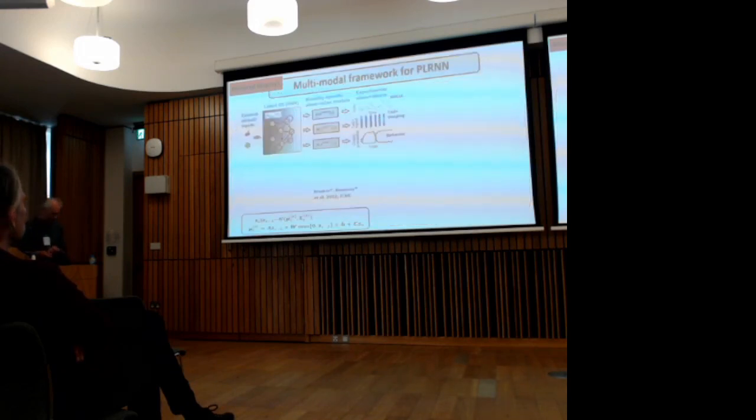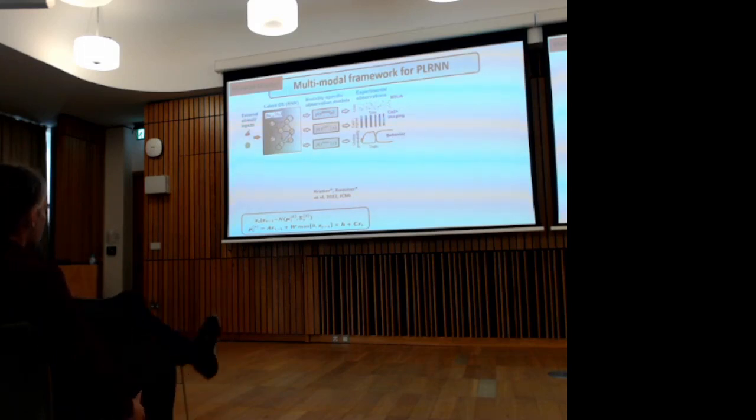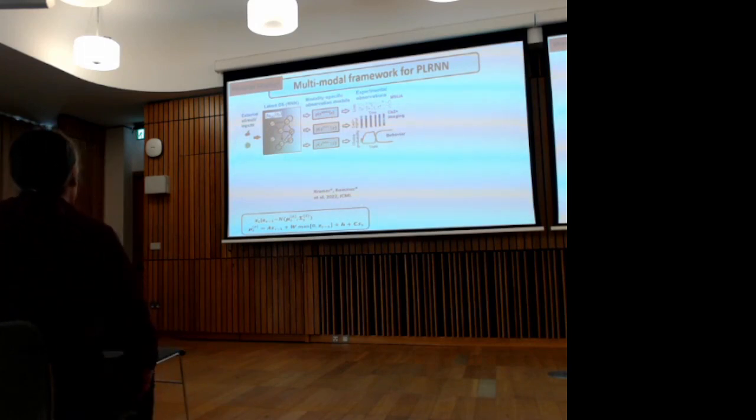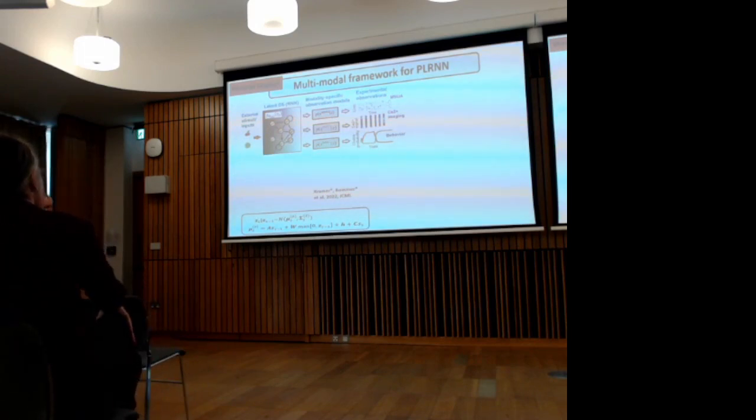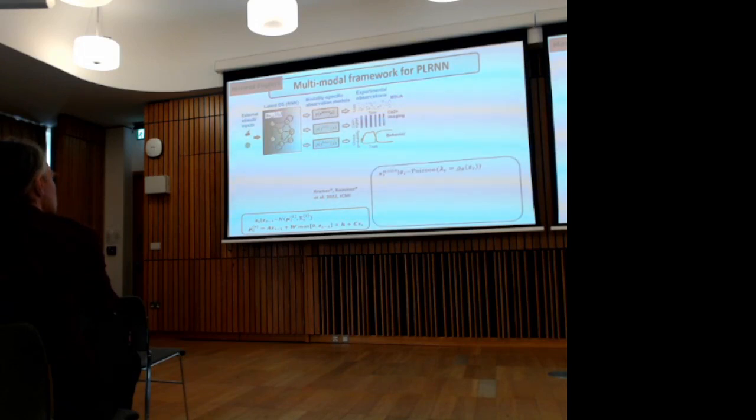Okay, so now what we do is we embed this whole probabilistic description of our piecewise linear recurrent network into a multimodal framework. With that, I mean that we couple our recurrent neural network, which is supposed to approximate our latent dynamical system, to a bunch of different modality-specific observation models. Basically, these just capture the statistical particularities of whatever observations you want to deal with.